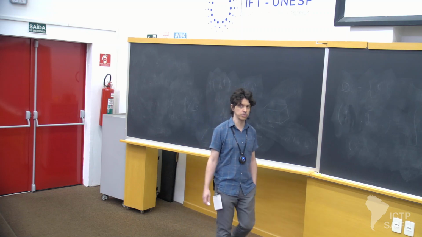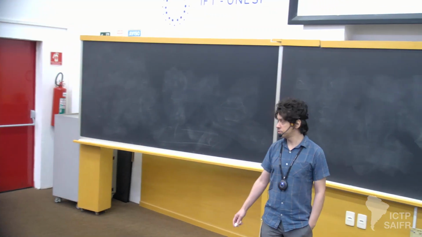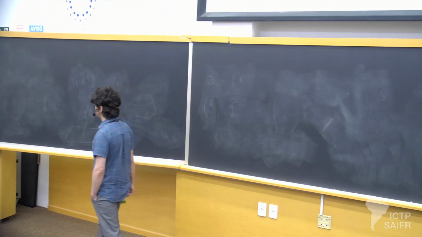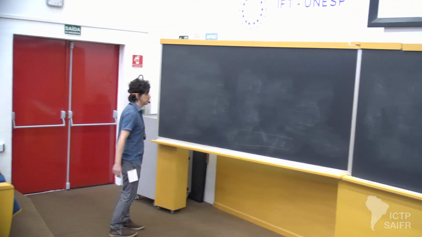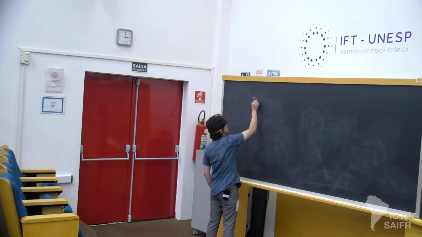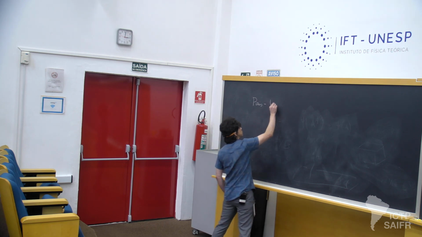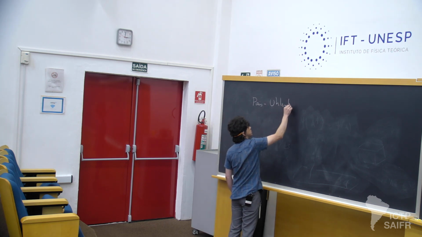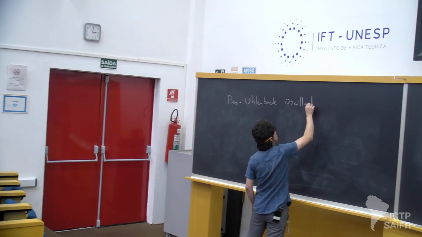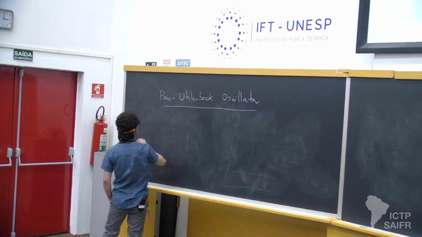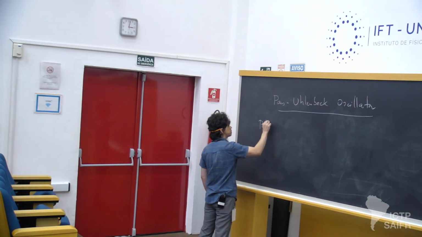I promised you that I would give it today, I want to resume the discussion of yesterday concerning the Pais-Uhlenbeck oscillator. So as you remember, we were discussing the quantization of this guy using path integrals.